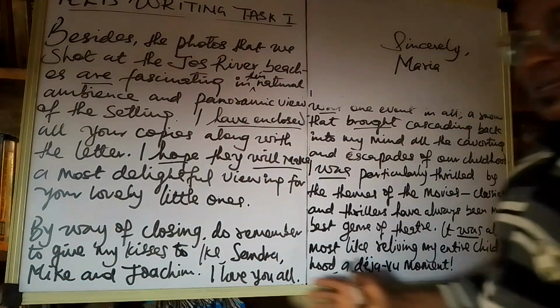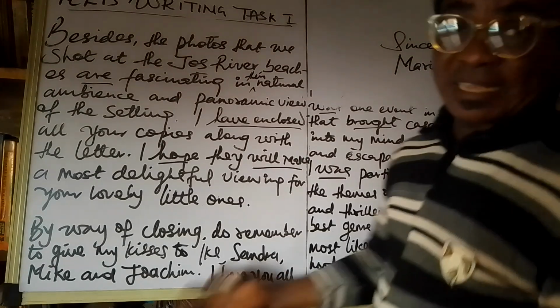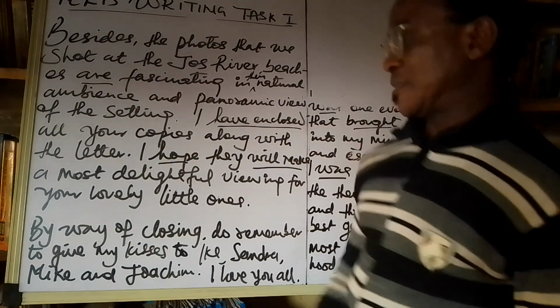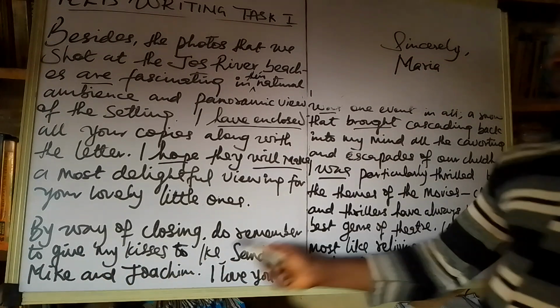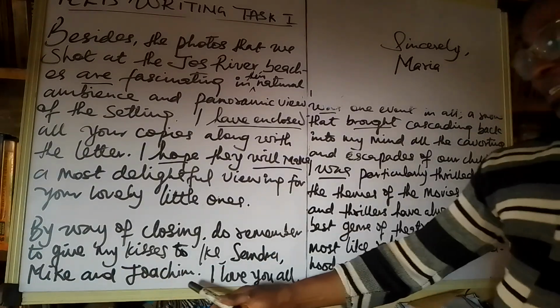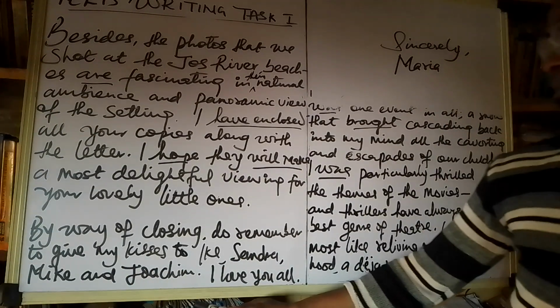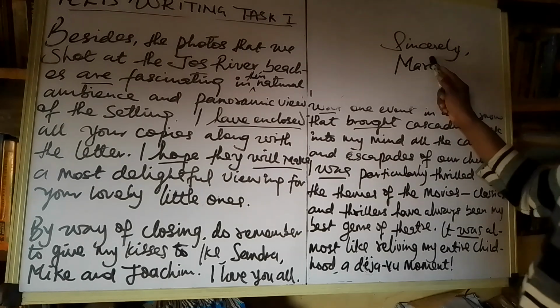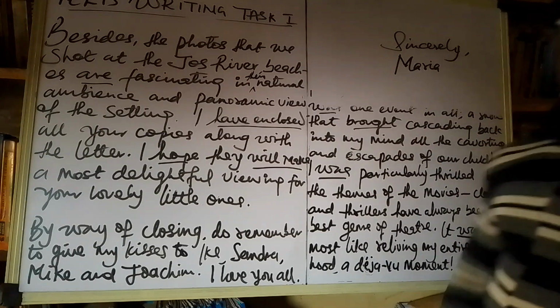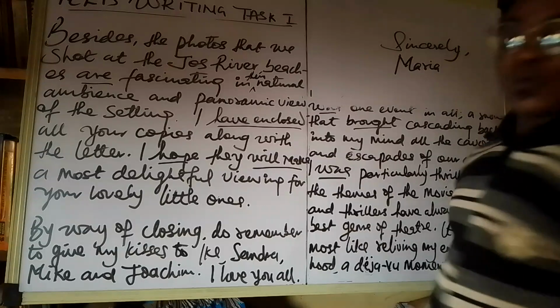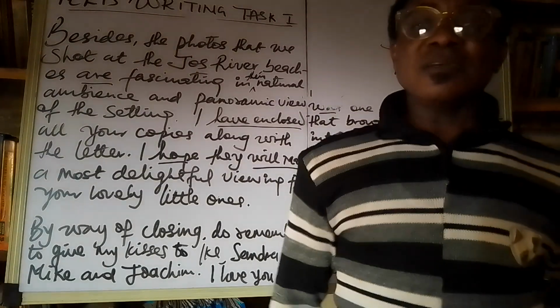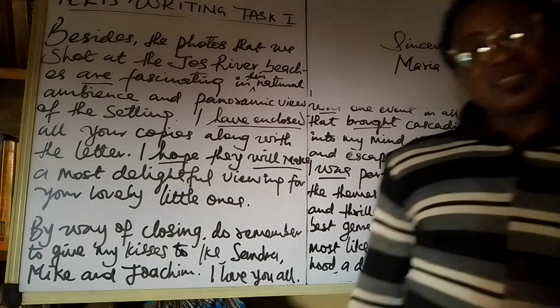Then the writer closes the final paragraph where there is nothing much left unsaid. By way of closing, do remember to give my kisses to Ike, to Sandra, Mike, and Joachim. I love you all. Sincerely, Maria. The complimentary close can be yours sincerely or simply sincerely.